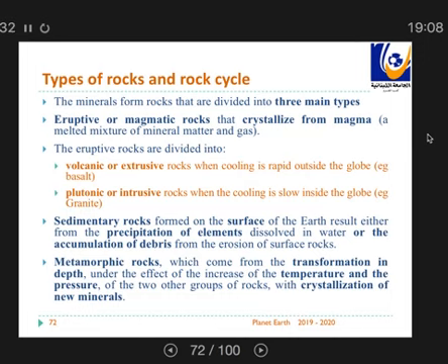Metamorphic rocks are formed by the transformation of either sedimentary rocks or eruptive rocks in depth under the effect of temperature and pressure. So we have the crystallization of new minerals in these types of rocks.